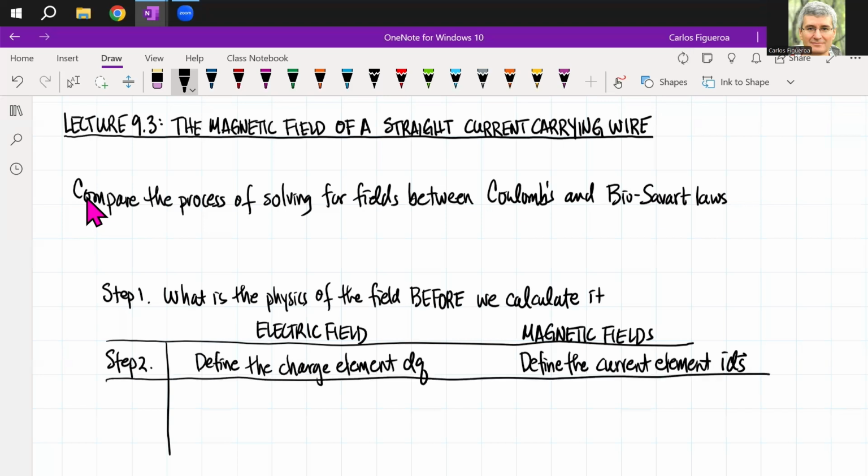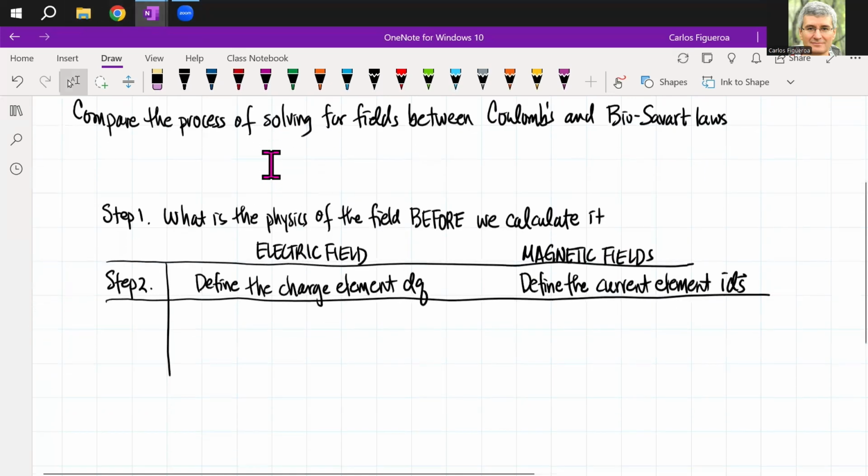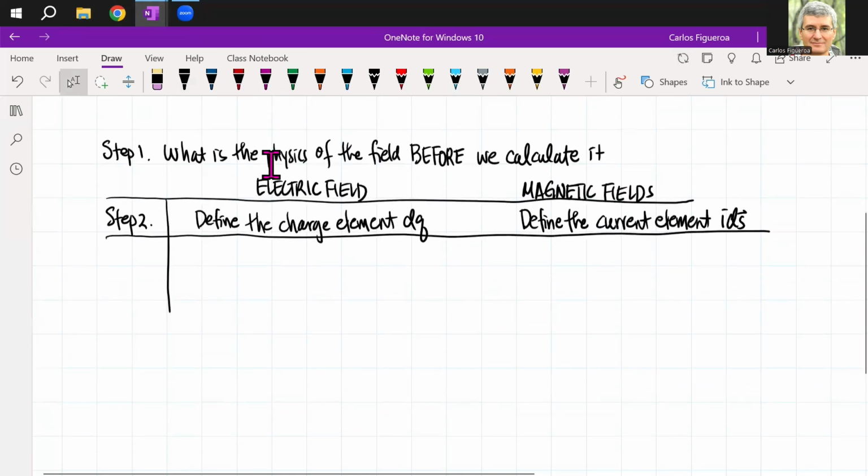So then when we go to step three, that little dq produces a little electric field, so we need to calculate that.